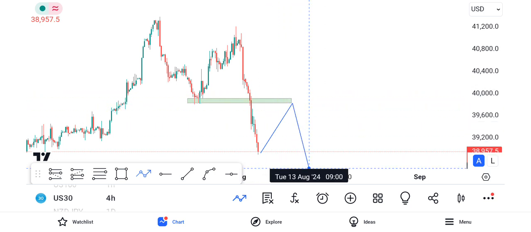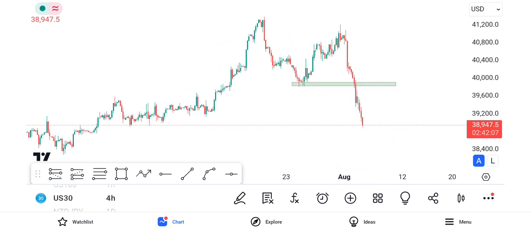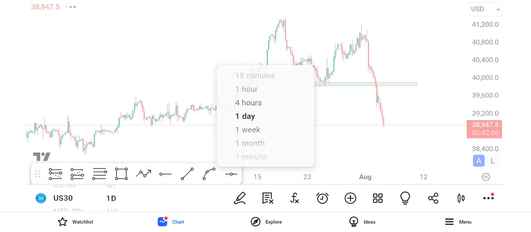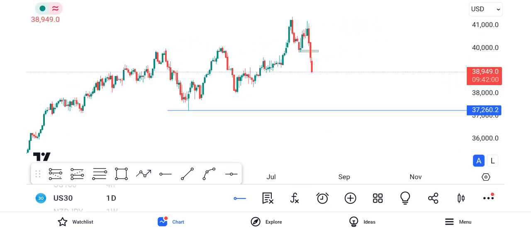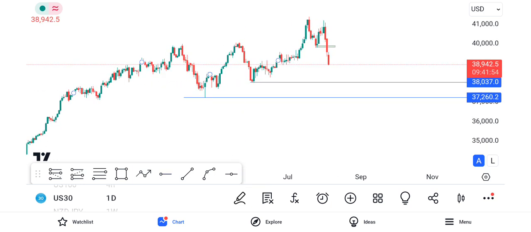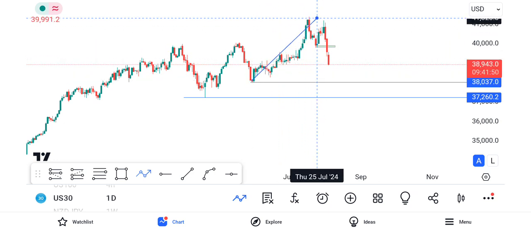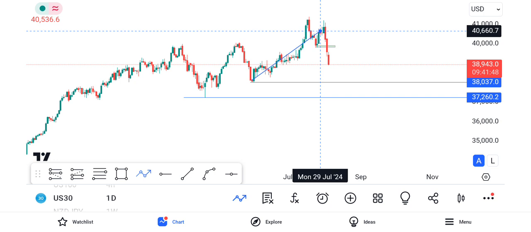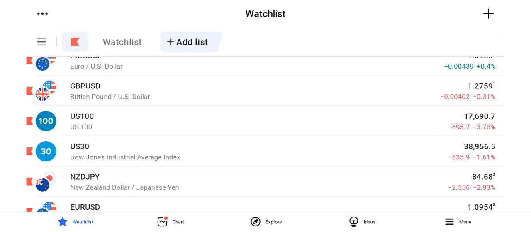Then we push down on US 30, push down to an area of value on the higher time frame. It caused a strong move from here, so that's it on US 30.